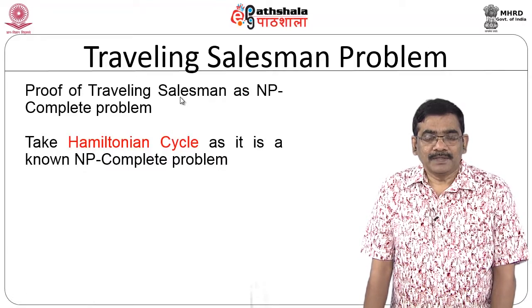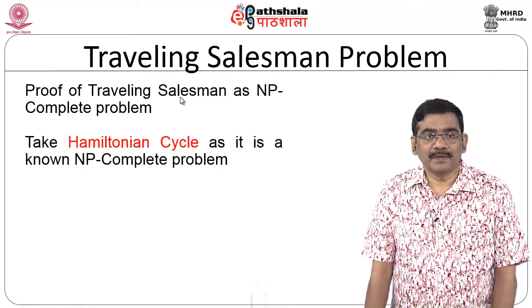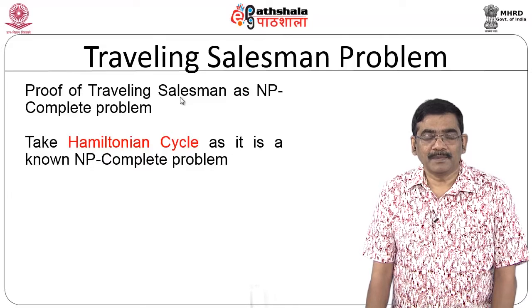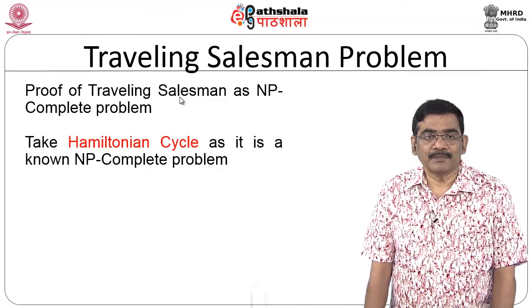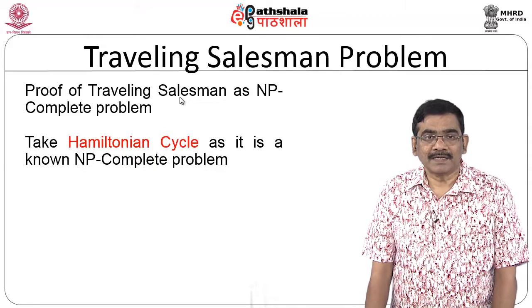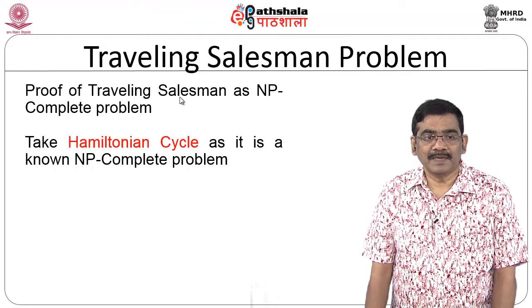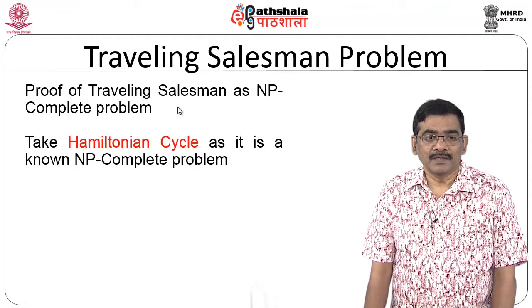And what we are going to do is take a very hard problem and reduce that to the traveling salesman problem, so that we can show that the traveling salesman problem is NP complete. For that we are going to take the Hamiltonian cycle, because the Hamiltonian cycle is an NP complete problem.